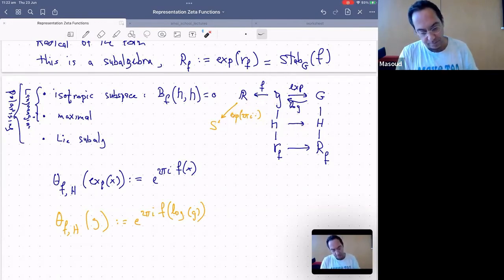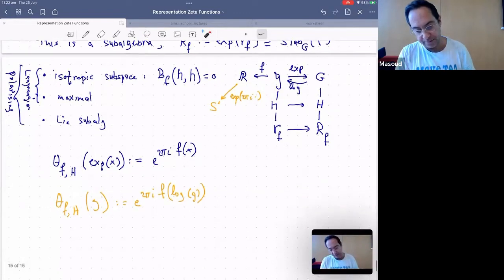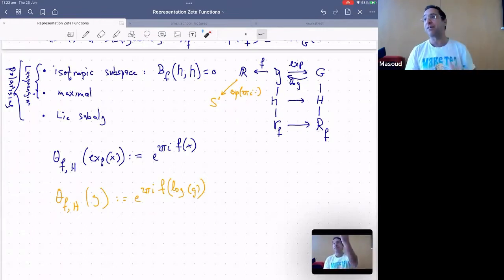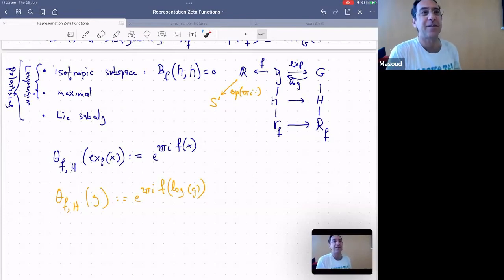Now, you can ask, is theta a character of H? Excellent, good. What does a character mean for us in this sense? A character is a continuous one-dimensional representation.